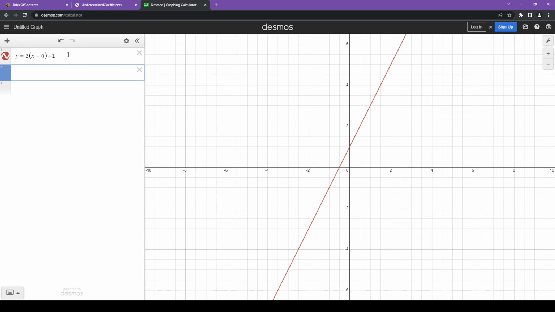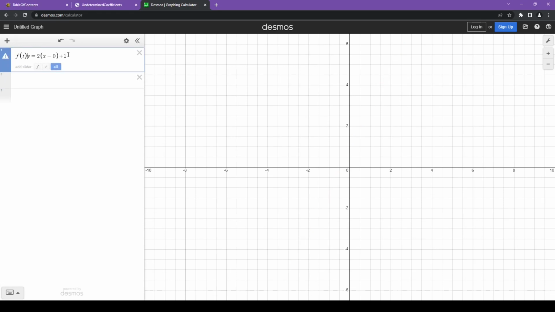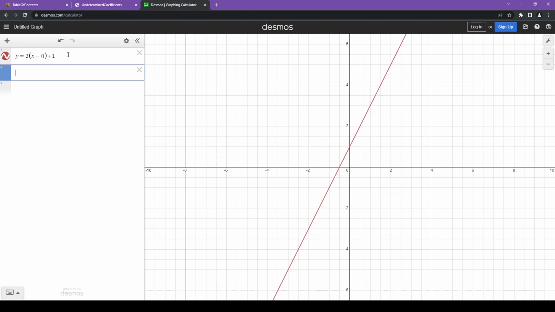Just as a note about Desmos, if you set y equals, you have to use the variable x in order for it to plot lines. If I would have typed it as a function, I could have used t, but because I wrote it using y originally, it wants y's and x's. We'll type the other one as f of t though.